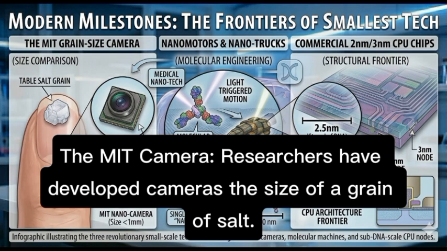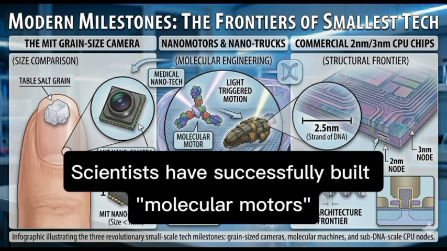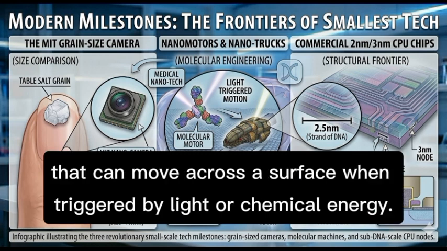Researchers have developed cameras the size of a grain of salt, which houses 3 computers that monitor this stuff in our environments. Nano-engines. Scientists have successfully built molecular motors and nanotrucks, single-molecule cars, that can move across a surface when triggered by light or chemical energy.